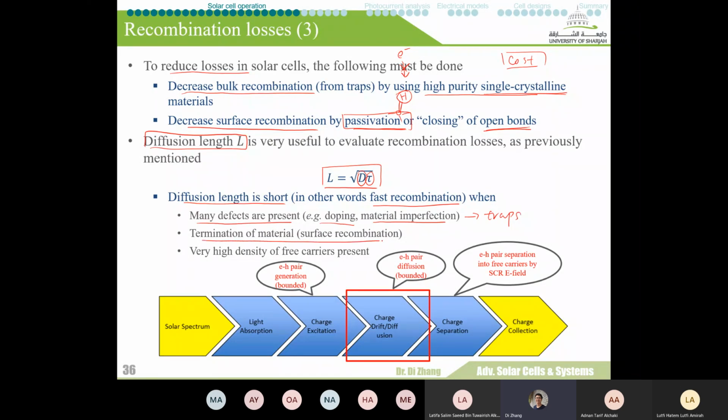Then surface recombination is the second possible scenario: you may have a lot of recombination losses at the surface. And there is a third scenario where you may expect a larger recombination, and that is a high density of free carriers.